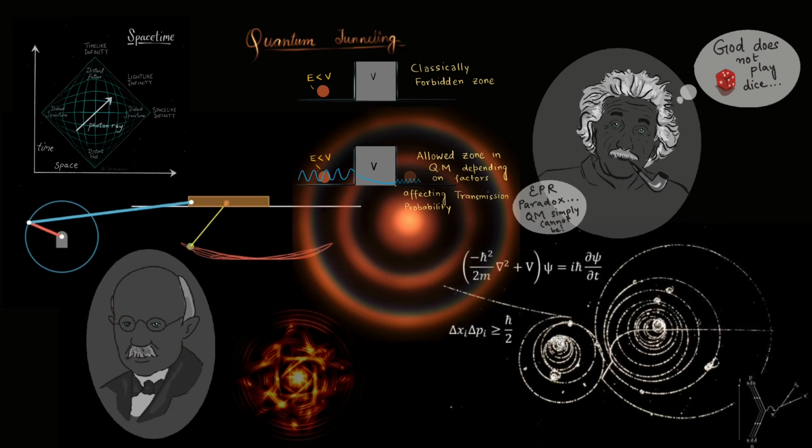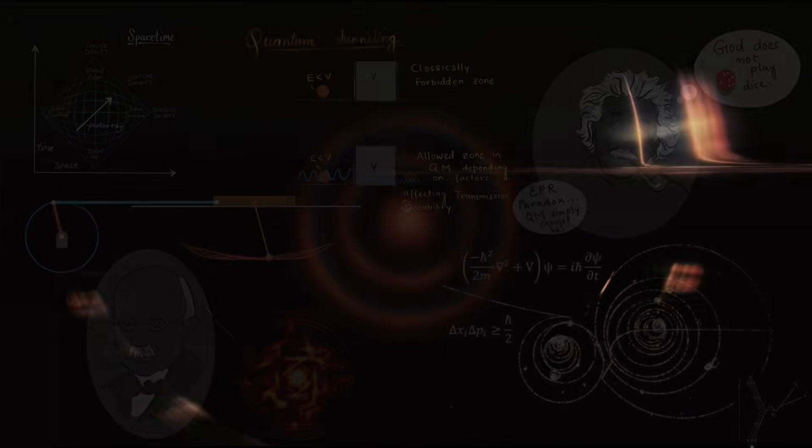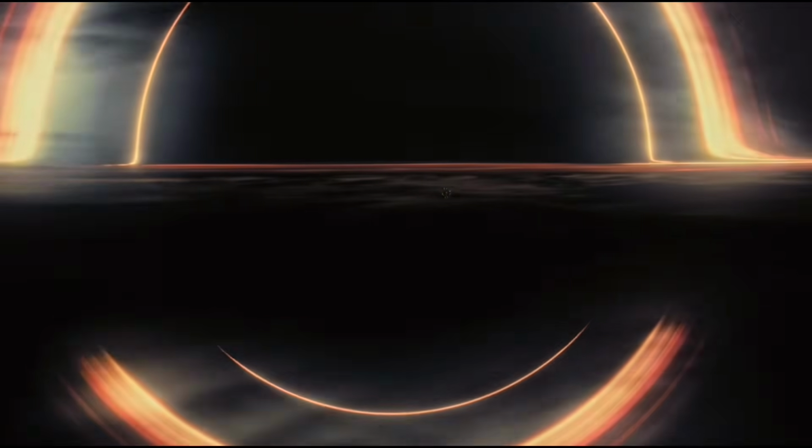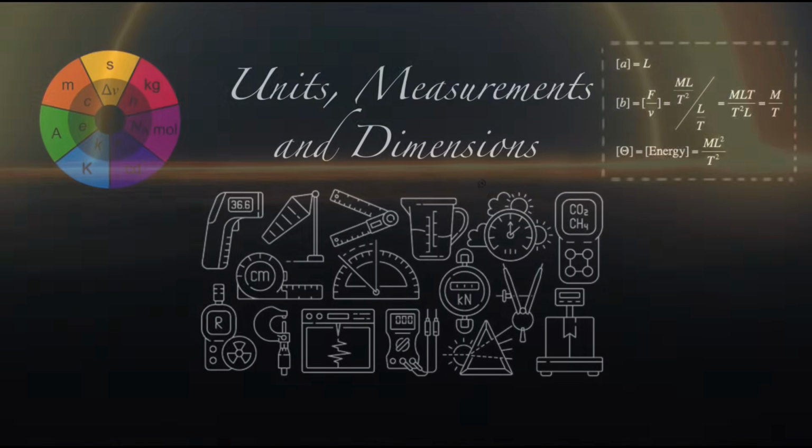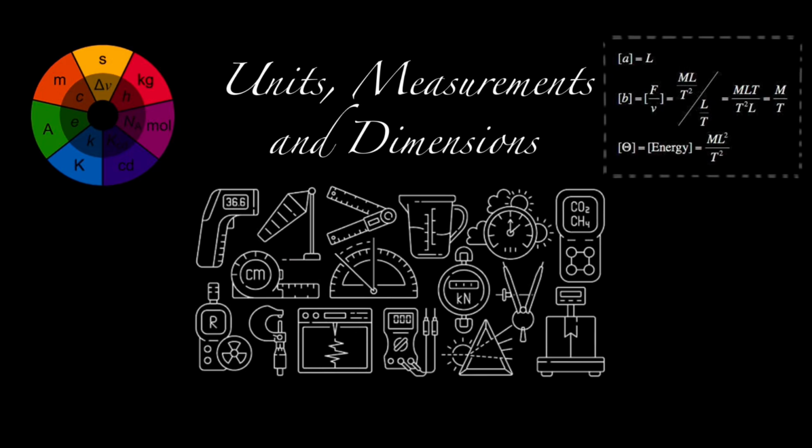So with that, we conclude not only today's video but this whole introductory sequence on units and dimensions. We began by asking a simple question. What does it mean to measure something?